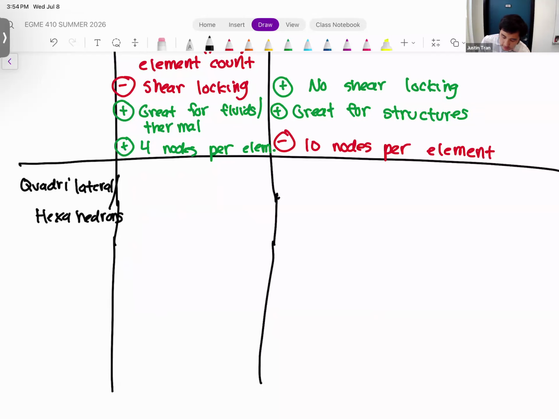So first thing to note with the rectangular elements, and probably the thing that most people experience at one point when trying to use these, is it is difficult to mesh complex geometry, or your mesh is more likely to fail.